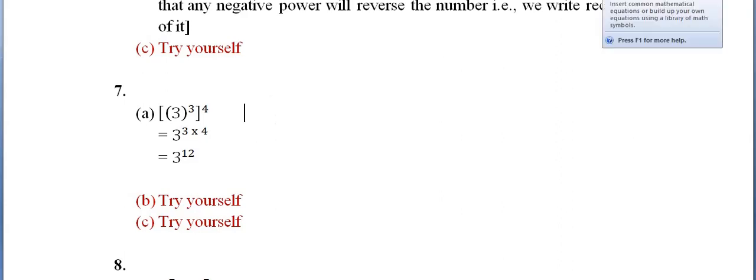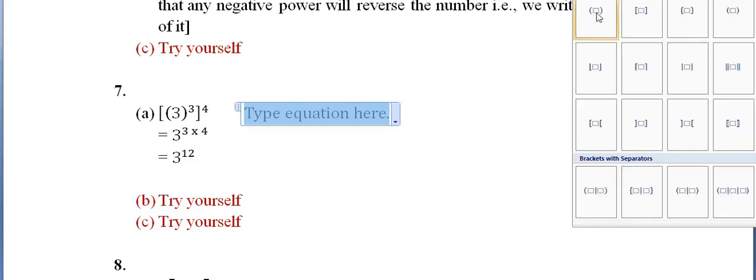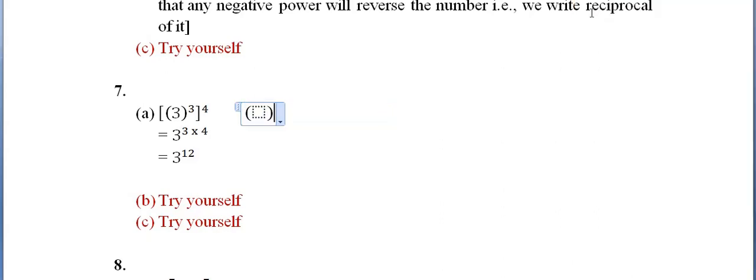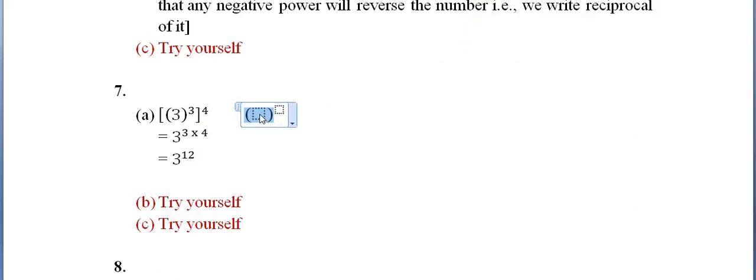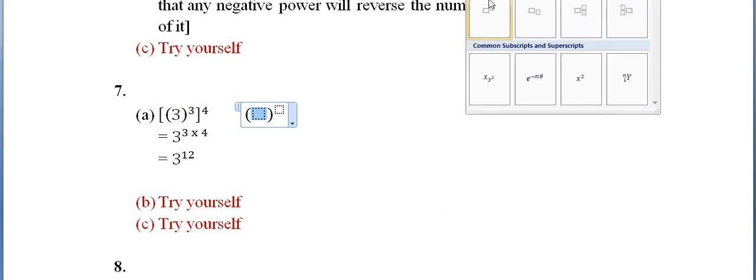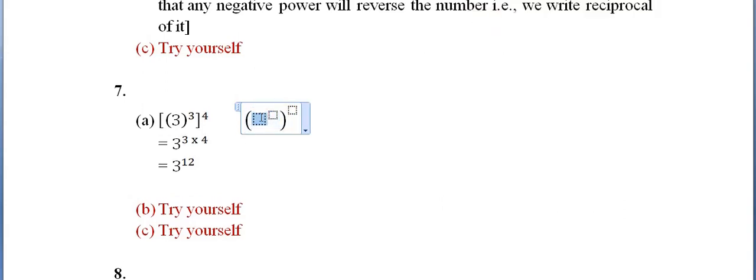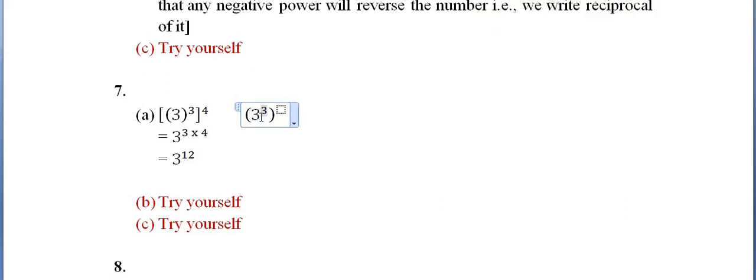In simple way, this question again can be written as this. Let me just show you a simple format. 3 to the power 3 power 4.